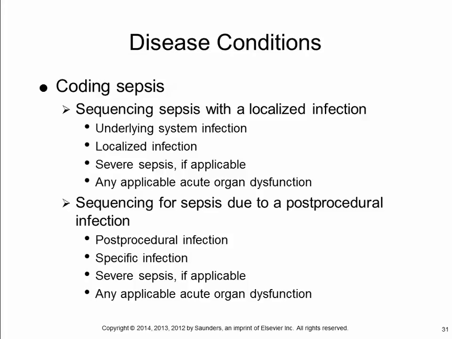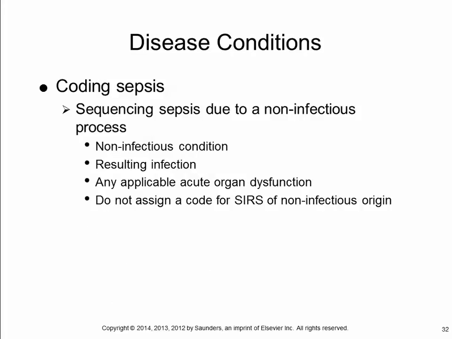You're going to code that first, okay? That will be first. Then you're going to code any specific infection that they have. So what is that specific infection? It is, you know, of the incision site. What kind of infection is it? Then you'll code severe sepsis if they have it, and any applicable acute organ dysfunction. It's pretty simple stuff, really, when you think about it, and this will help you tremendously.